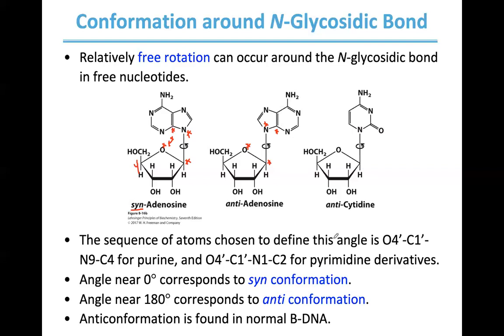And again, for pyrimidines we follow O4 prime, this atom, C1 prime, this atom, N1, and C2. This will be C2. So this will be anti because you can see that C2 and C4 prime are in opposite directions relative to this axis. So it's anti-cytidine.